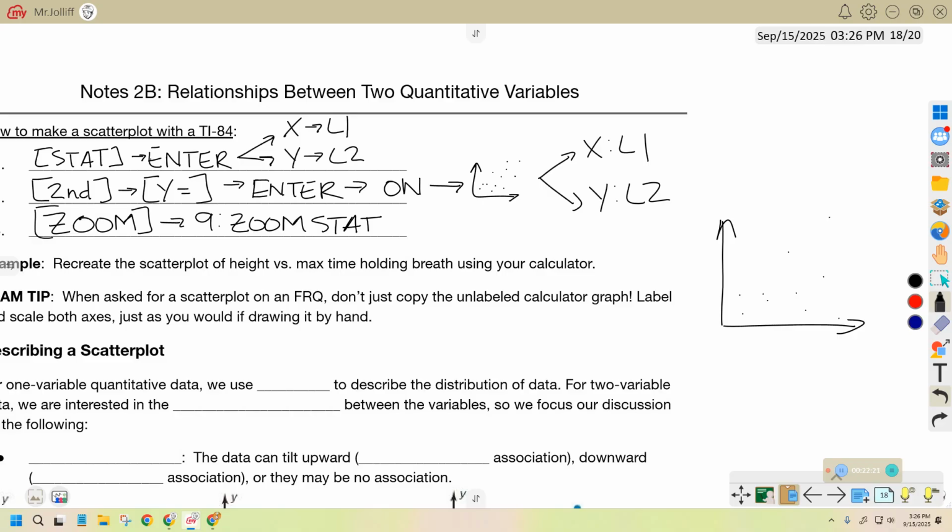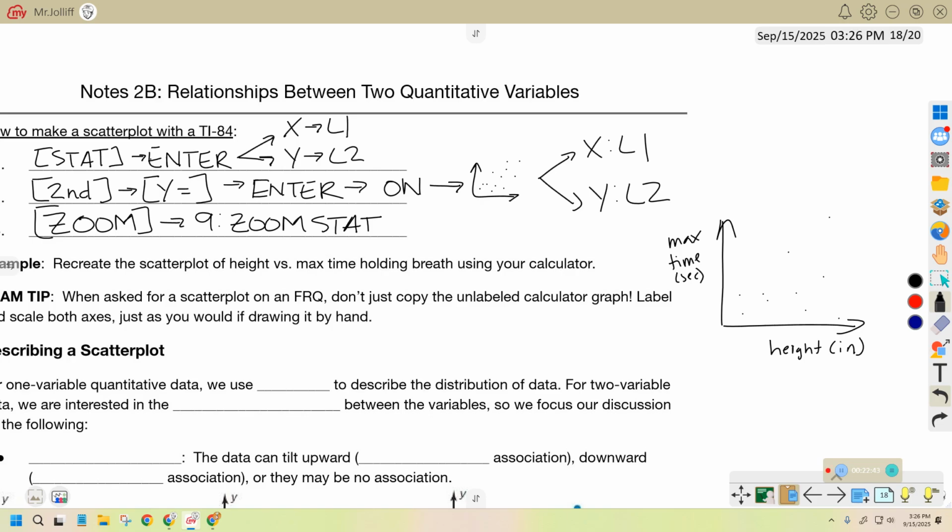That's fine. But I need to do 2 things. I need to label the axes with variable labels. I need to tell them I am plotting height. I need to tell them I am plotting max time in seconds, right? That's important. And I need to give them a sense of scale.